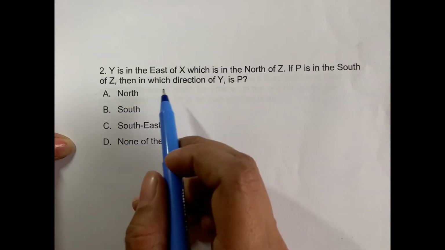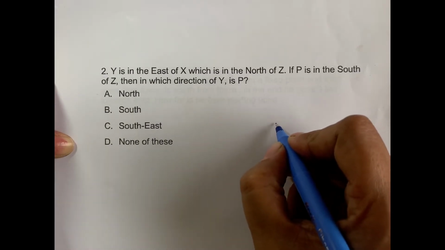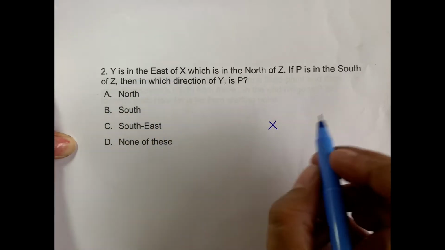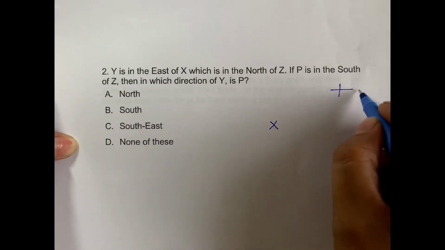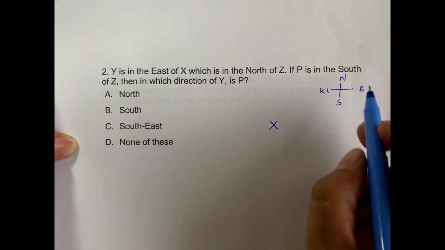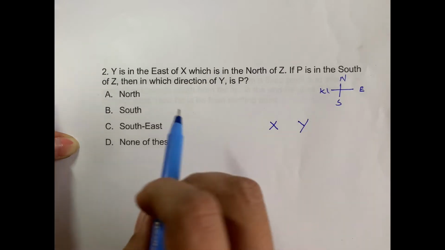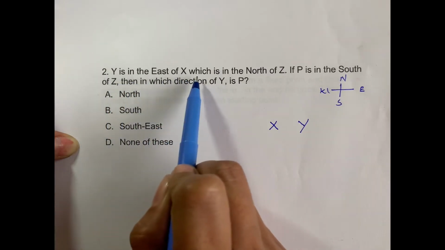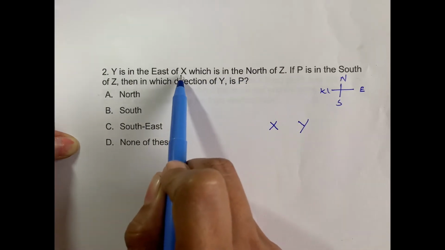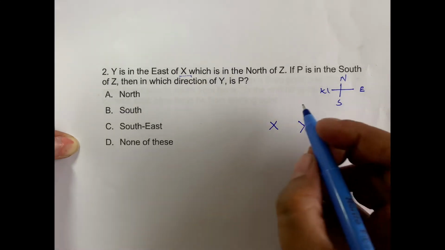Y is in the east of X. So we'll first write X here. What they're telling is Y is in the east of X. So we know that this is east, west, north and south. So here is Y. Then Y is in the east of X, which is in the north of Z. So X is in the north of Z. North is above, isn't it?